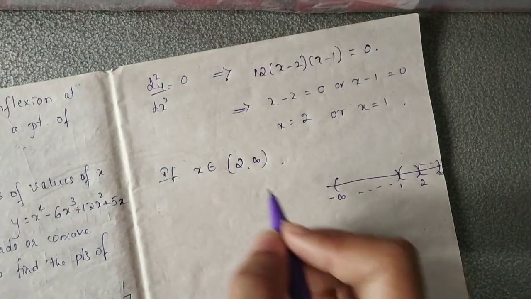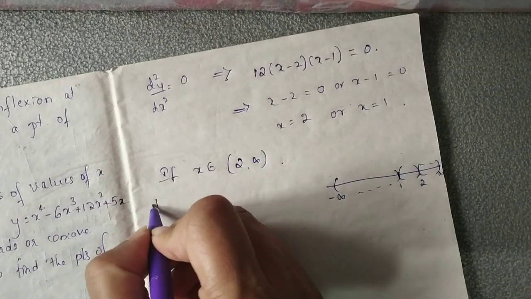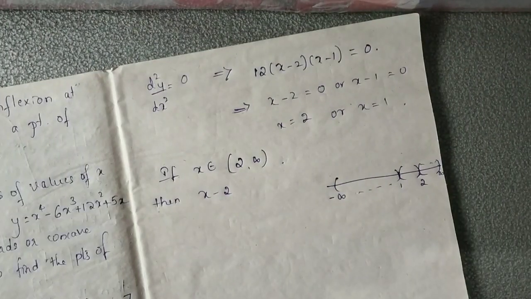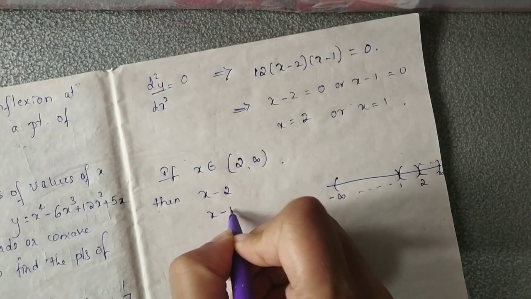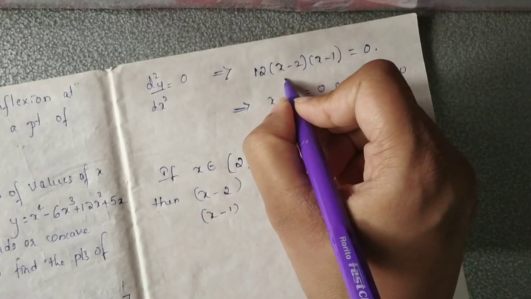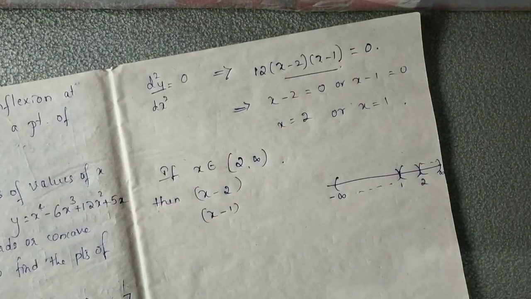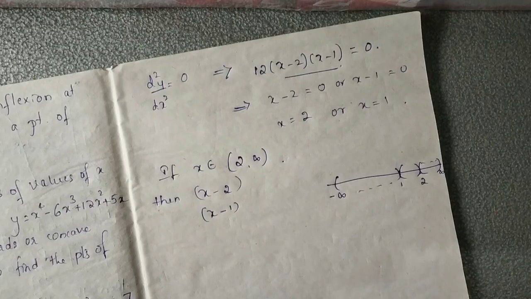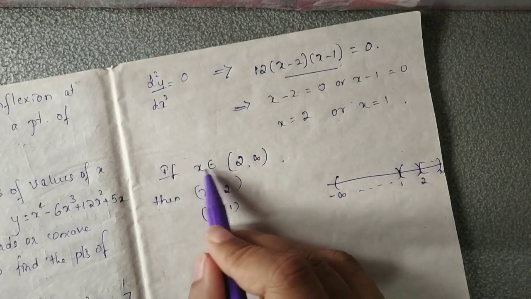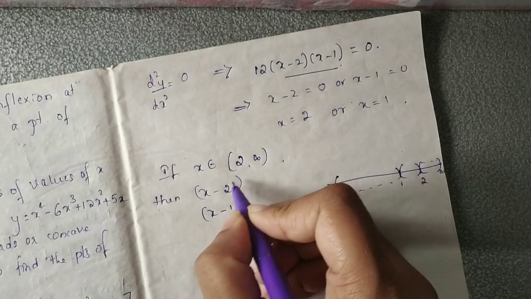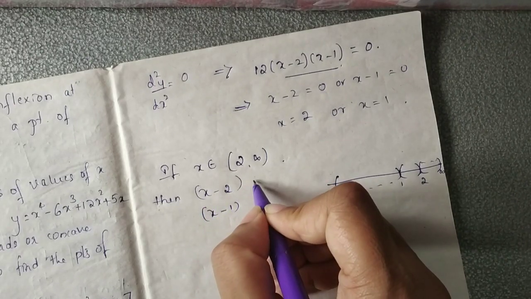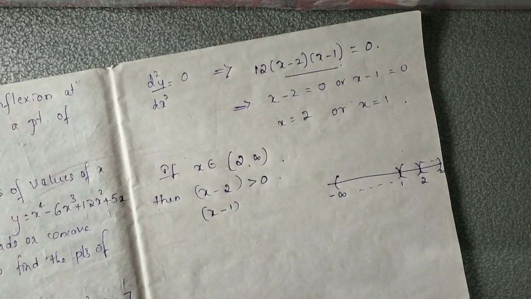Suppose x belongs to 2 to infinity. Then consider x minus 2 and x minus 1. Is x minus 2 positive or negative? Since x is greater than 2, the greater term minus the lesser term will be positive.